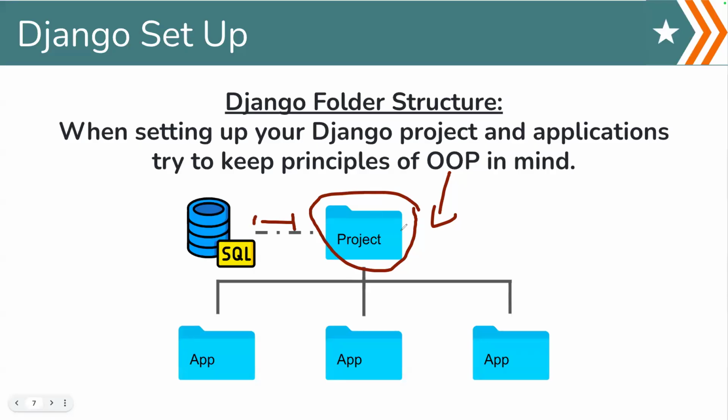If everything inside of your project succeeds, it checks all of the apps to ensure that they all succeed, and then it automatically runs your server with all the information compiled. As requests come in, they start at the project level and then get funneled down to the appropriate app, depending on the URL pattern. So everything starts at the project level.